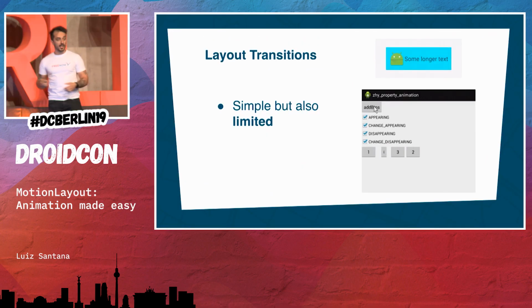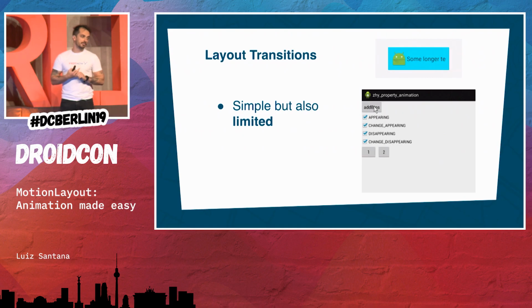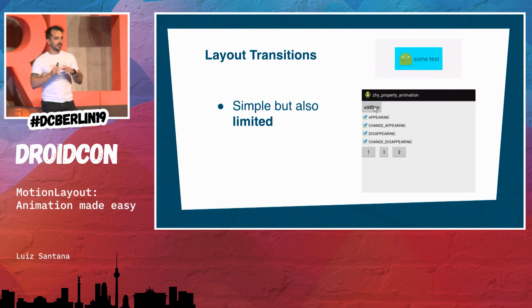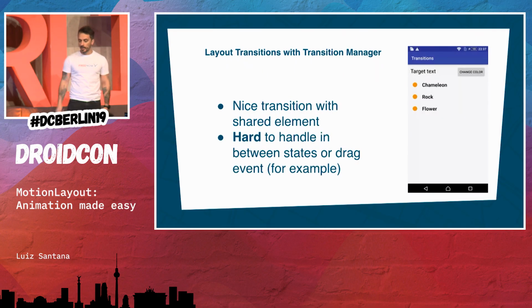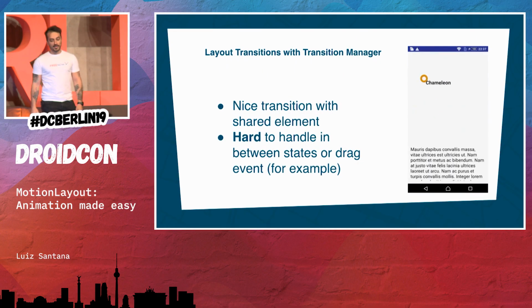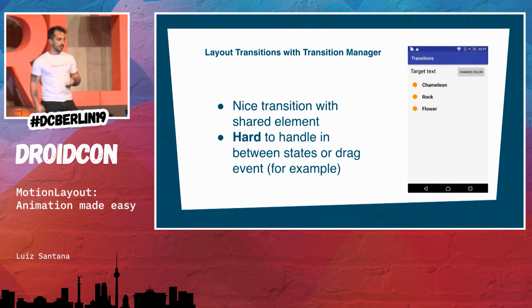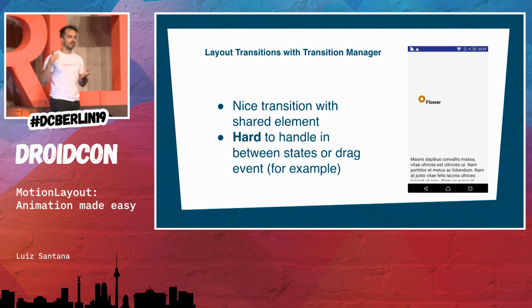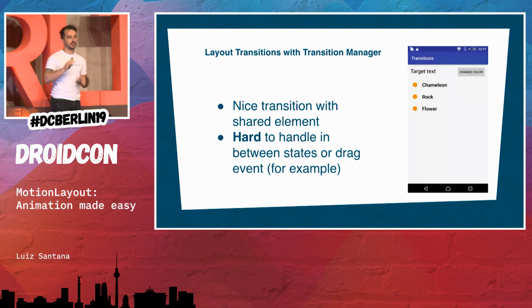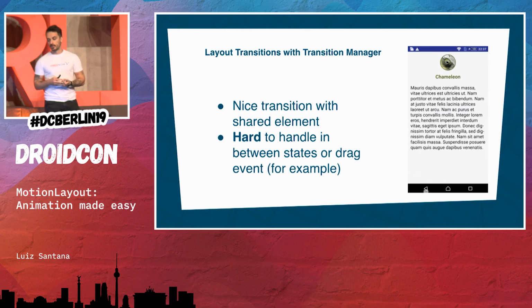We do have the layout transitions, which is useful. Instead of just having a view appearing and disappearing, it will do this cool, simple animation. It's very easy to do, but still very simple. We also have the layout transitions with Transition Manager. And this one is actually quite cool. It helps you have a cool flow in your app, so transitions between fragments, between screens.